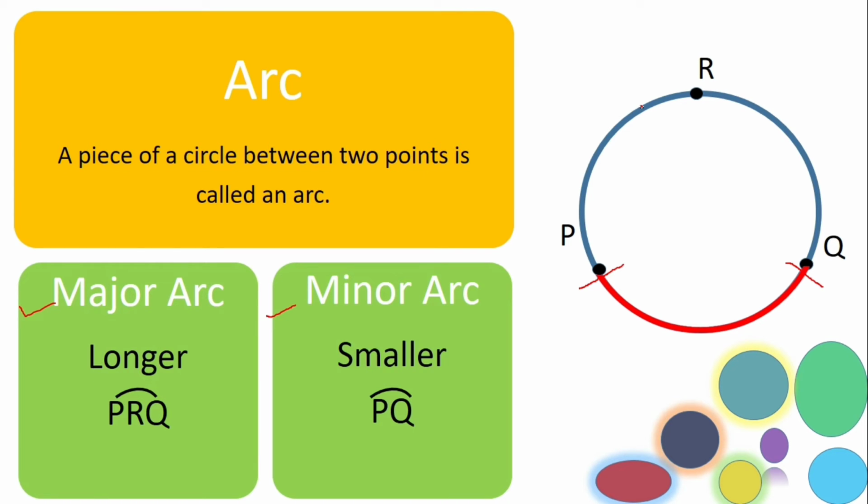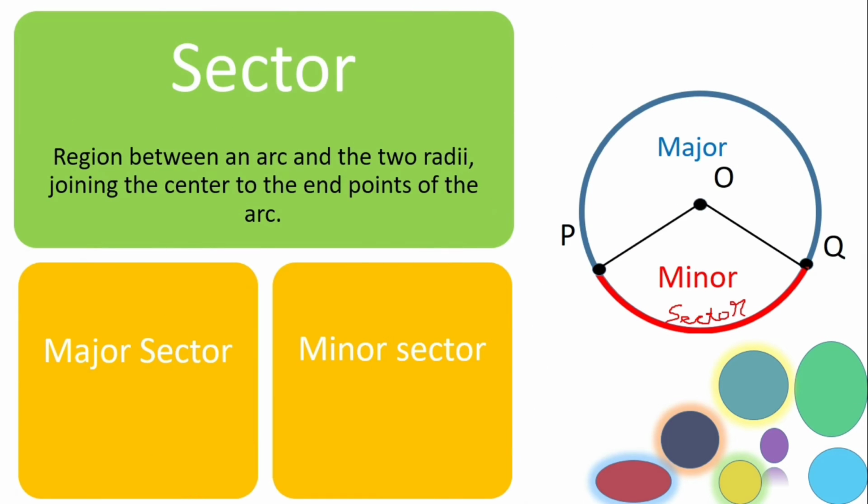The last term about the circle is sector. Sector is nothing but the region between an arc and the two radii joining the center to the endpoints. What does this mean? So we have two arcs, one highlighted in red color and one in blue color.